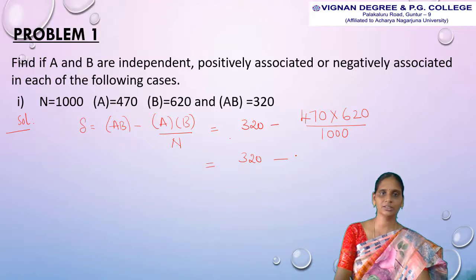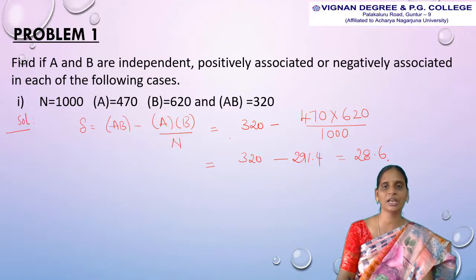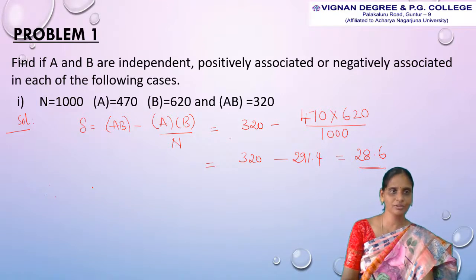So we get 291.4. So after the subtraction of these two values, we get 28.6. So now the value of delta is 28.6. This is a positive value. So therefore, delta is greater than 0.